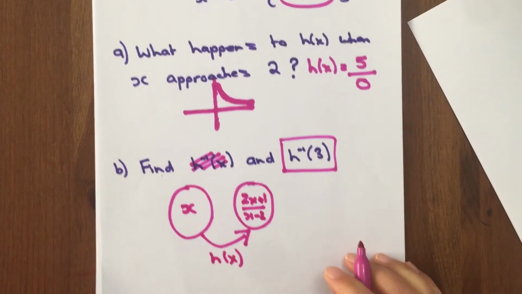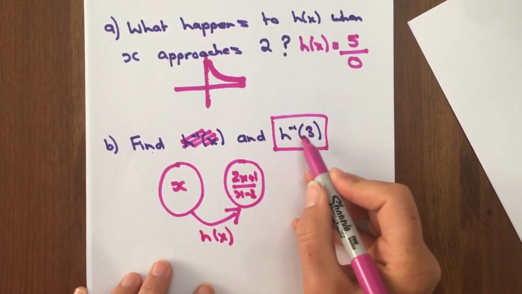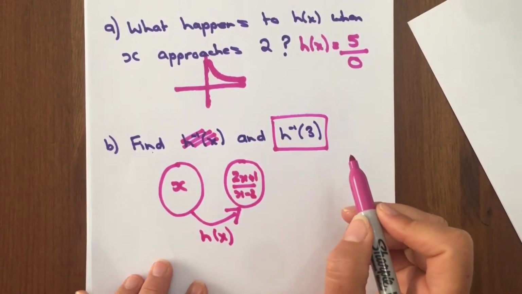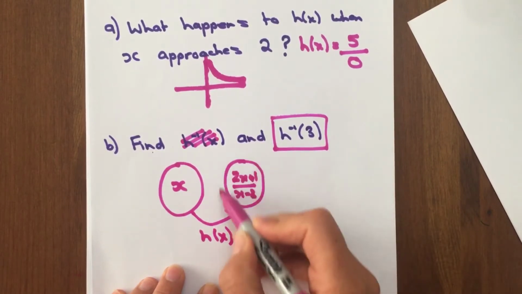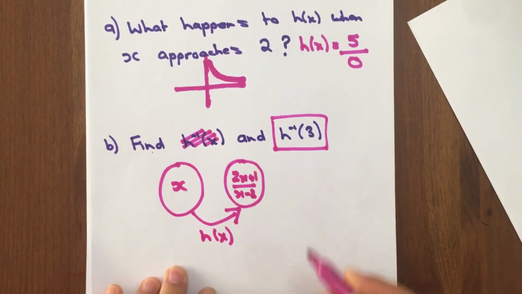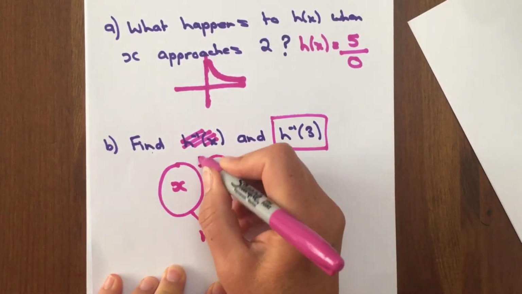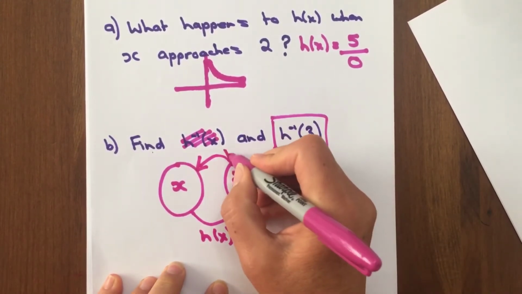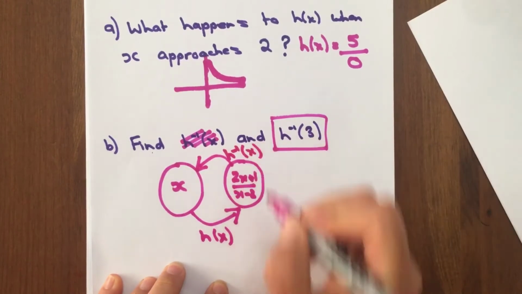Now what this is asking for here is, what value here will map back to 3? Okay, this is the inverse function going backwards. This is the inverse function.